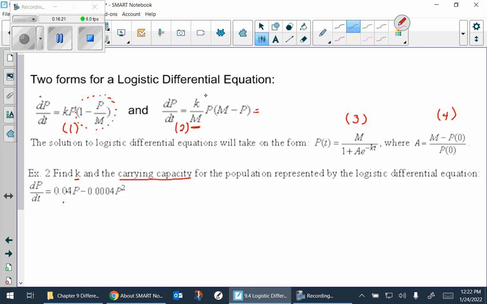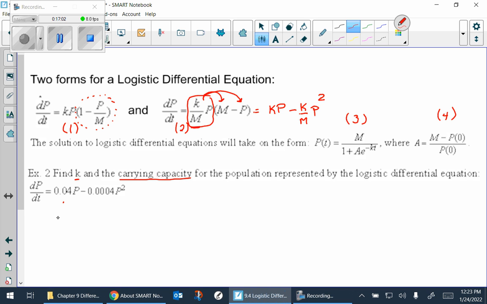If I took this times M, I think I would get K times P minus, now I have to distribute this here as well. And I would have K over M P squared. That's almost like a third form of this logistic differential equation.